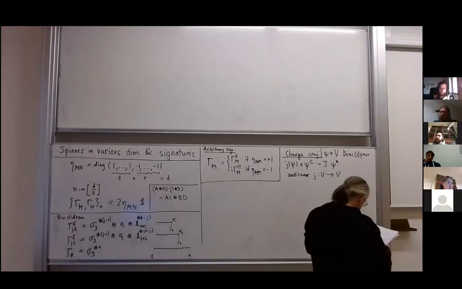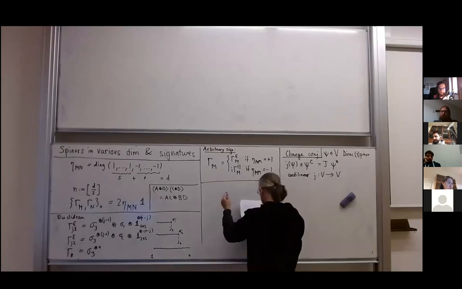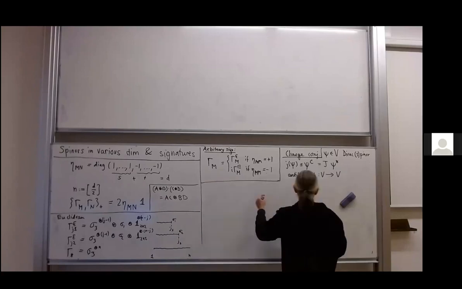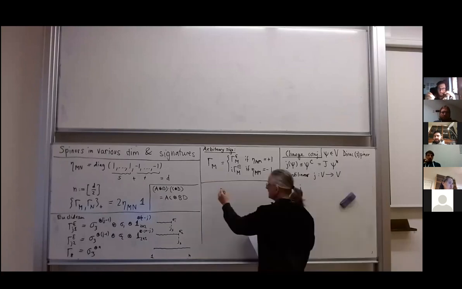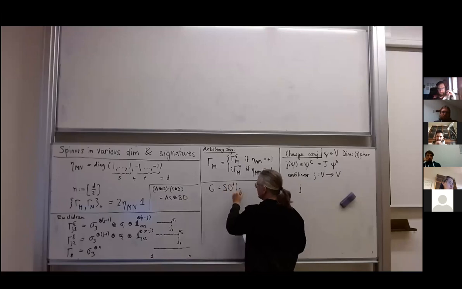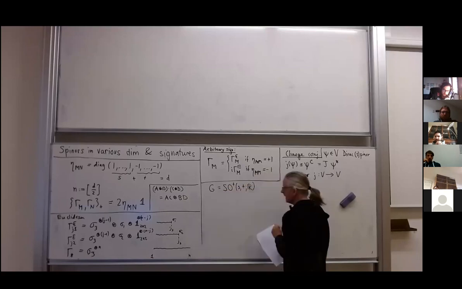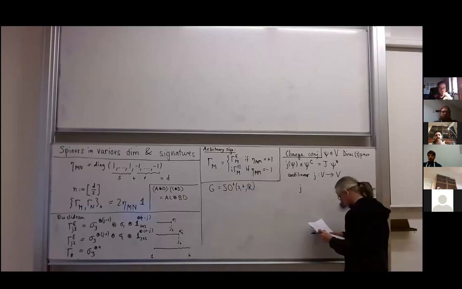And then the other thing we would like is that this map should be G invariant. Last time G was the orthogonal group, or SO plus (S, T) over R. So this is the group I'm talking about, and we want this map to be G equivariant.